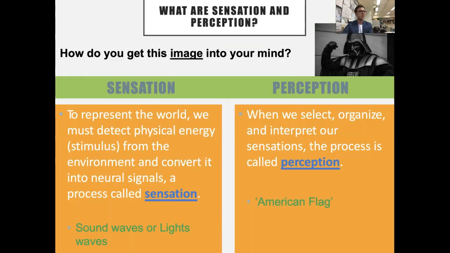So what is sensation? What is perception? Well, when you look at this image here of Darth Vader, how do we get that picture in our mind? How does it make it there? Well, it happens through these two things, sensation and perception. So sensation is the process by which our sensory receptors receive stimuli, energies in our environment.